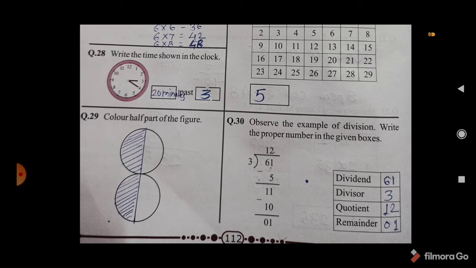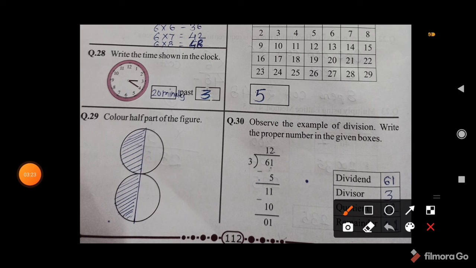Two halves make one whole. So color half part of the figure. Here I have already colored this half part.